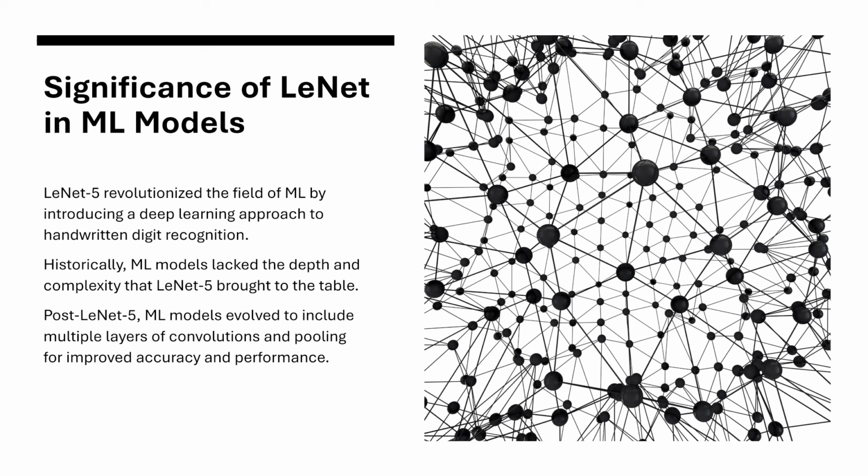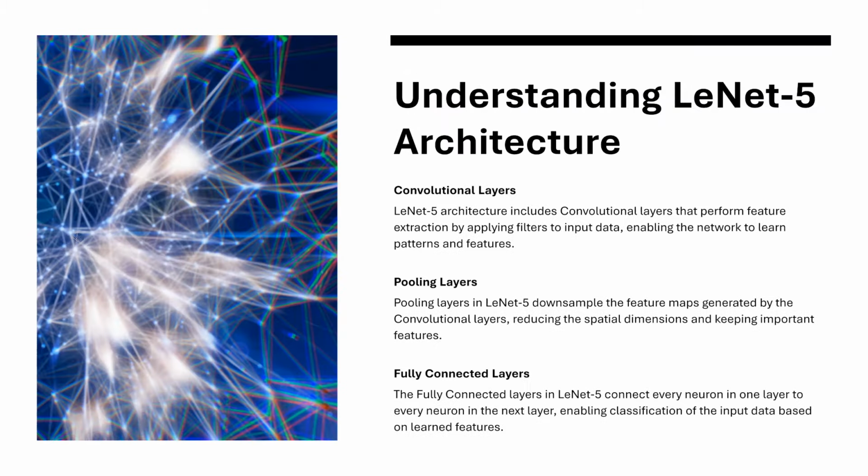So to sum it up, LeNet-5 is the foundational step in the direction of deep neural networks, and it demonstrated that it's possible to build depth in convolutional neural networks, and for that it used back propagation in its gradient-based learning. Now let's talk about the architecture of the LeNet-5 model.